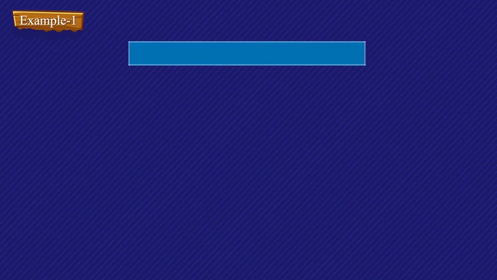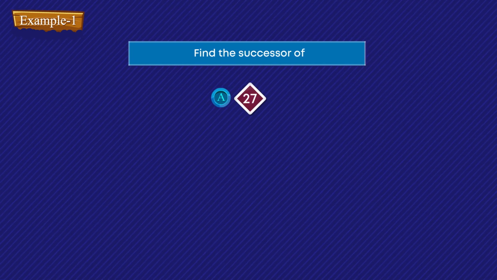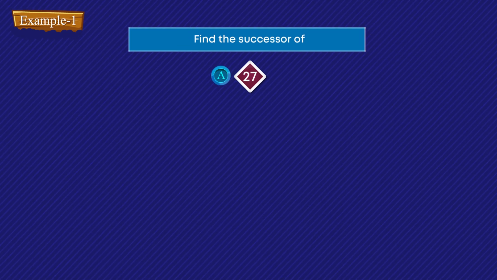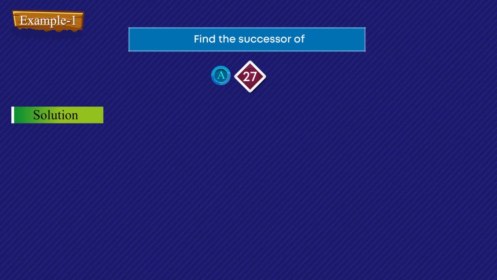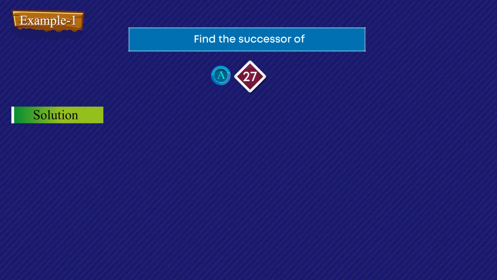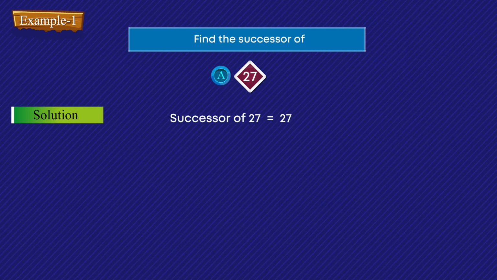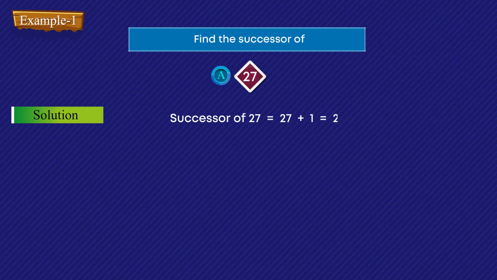Example 1. Find the successor of A, 27. Solution: A. Successor of 27 is equal to 27 plus 1 equals 28.